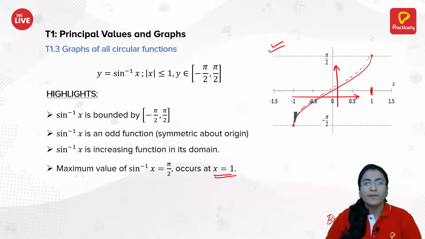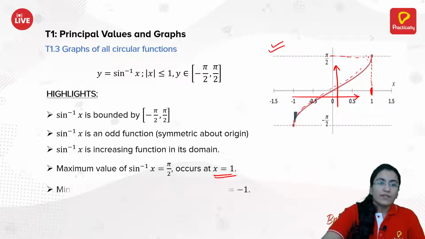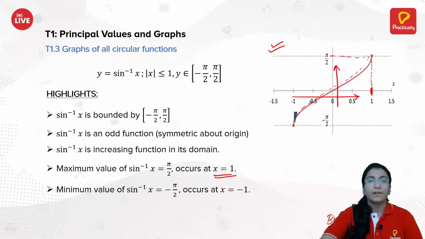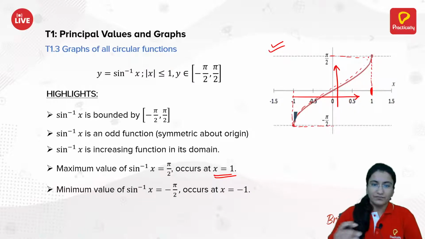So its maximum value occurs at 1 and it is pi by 2. Next comes its minimum value. If a graph is increasing, definitely its minimum value will be at the leftmost point. Its leftmost point is -1. So at -1 it has the value minus pi by 2, right?